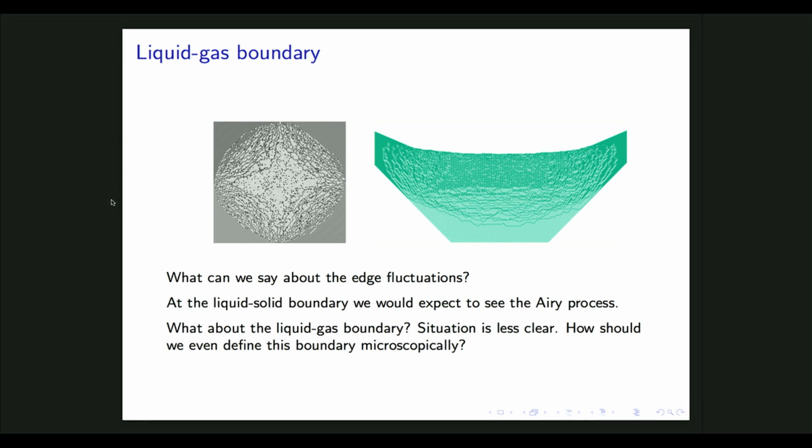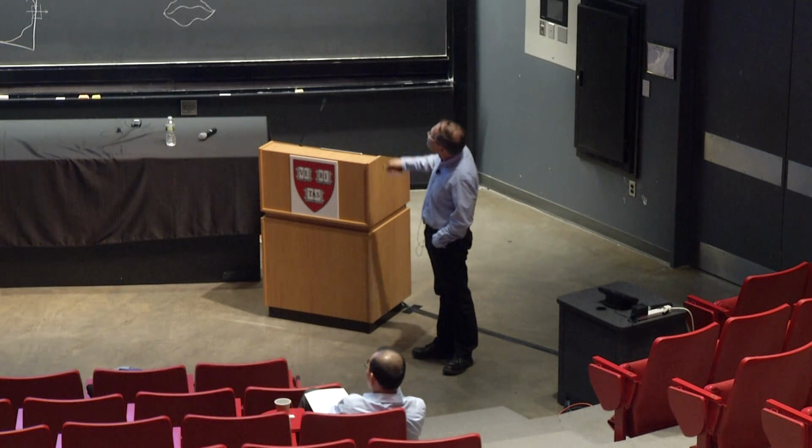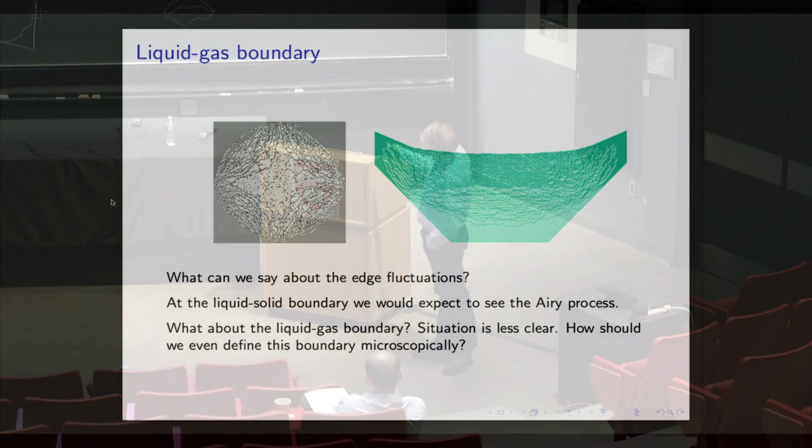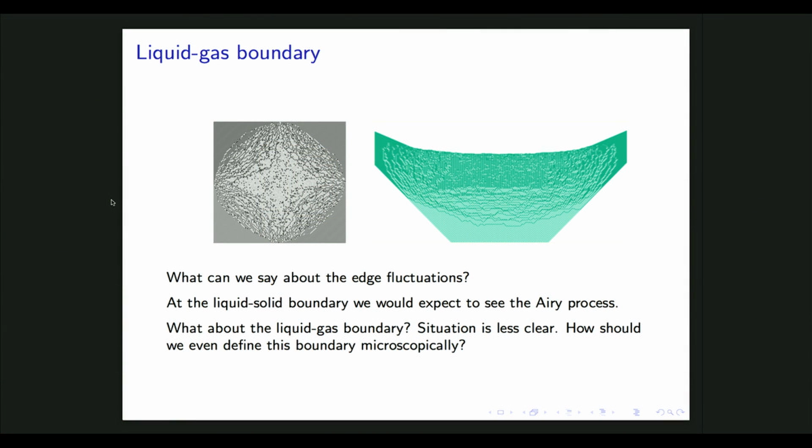So what can we say about the edge fluctuations at this liquid boundary? And how should we even define it? It is much less clear what's happening at this boundary than what you see here. So we need some description, and again, just as in the previous talk, we need something to really compute with.